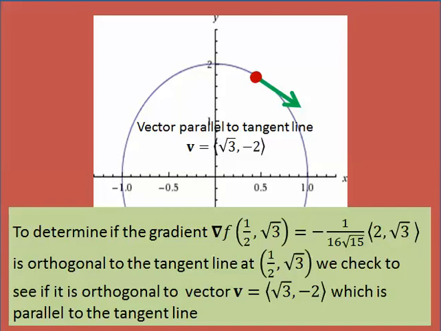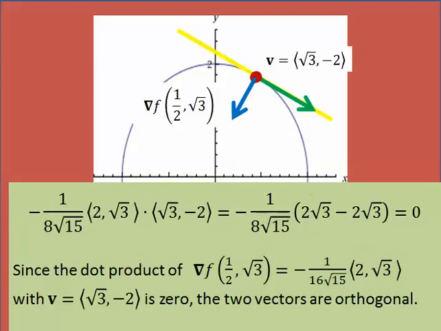See if you can rack your brain on that one. If you came up with the idea of taking the dot product, you're exactly right. If two vectors are orthogonal, their dot product is equal to 0. So I take the dot product of the gradient and this vector v, and I find that they are orthogonal.